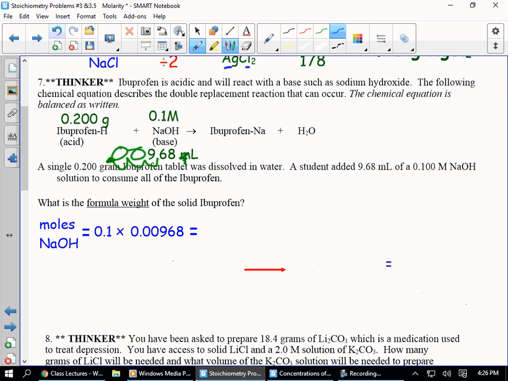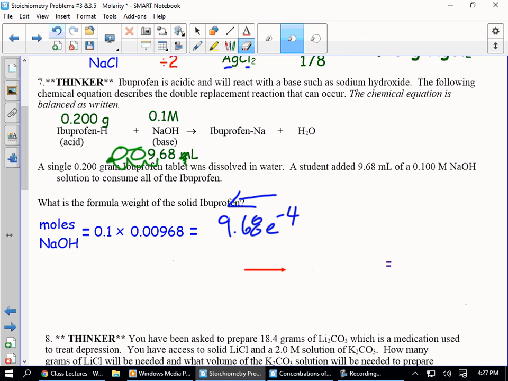Now your calculator might give you 9.68 E negative 4. All that means is you have to move your decimal place 4 times that way. So the number you will end up getting is 0.000968 moles of my NaOH.